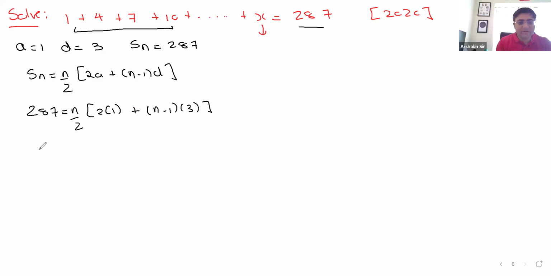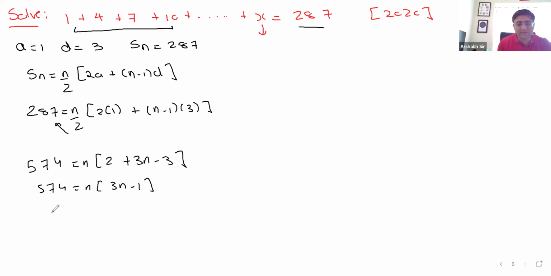So taking the 2 to the other side, we get 574 is n times 2 plus 3n minus 3. So 574 is n into 3n minus 1, so 574 is 3n square minus n. So we get 3n square minus n minus 574 is equal to 0.